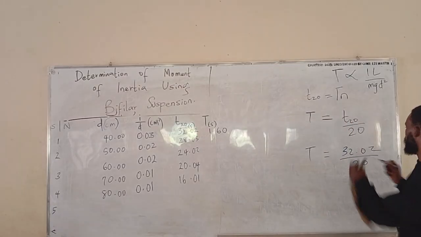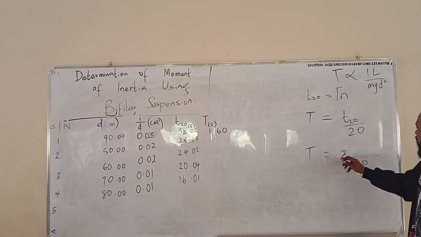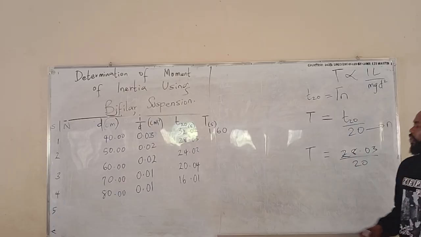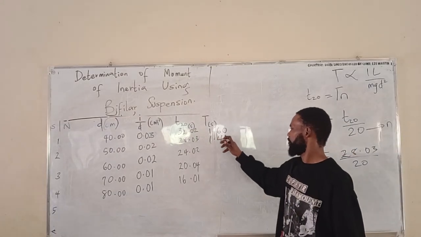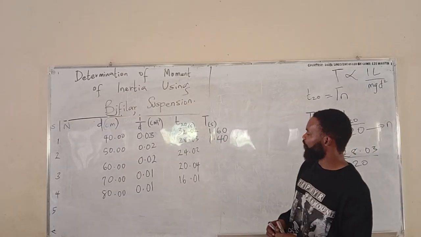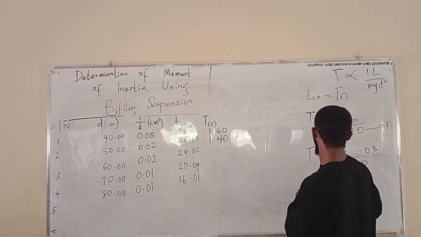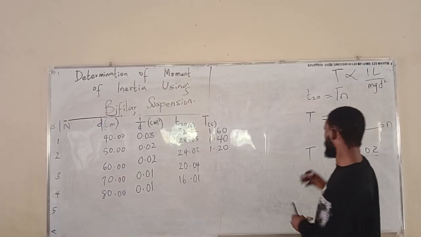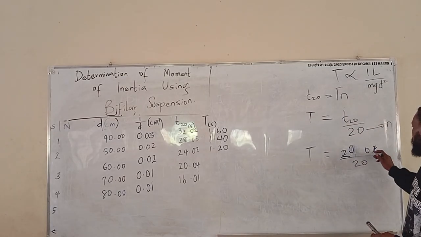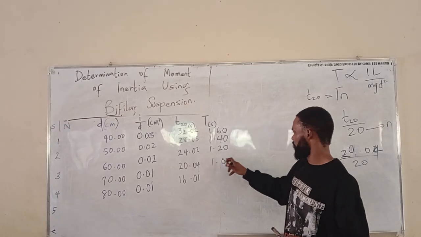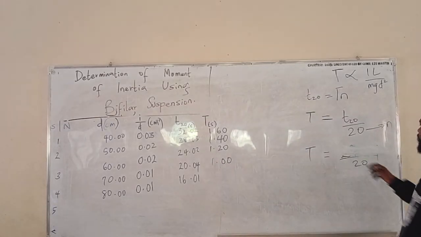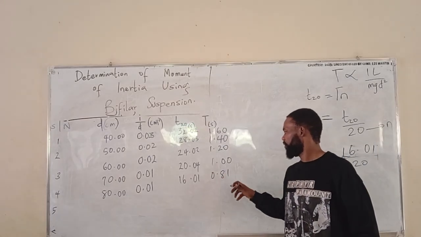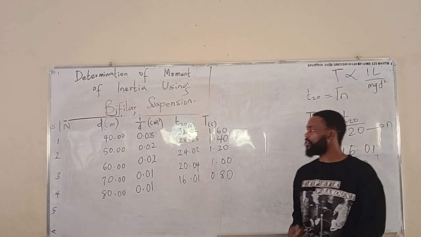So I can also have 28.03 giving 1.40. Then 24.02 giving 1.20. Then 20 giving 1.00. Then 16 giving 0.81, which is 0.80.